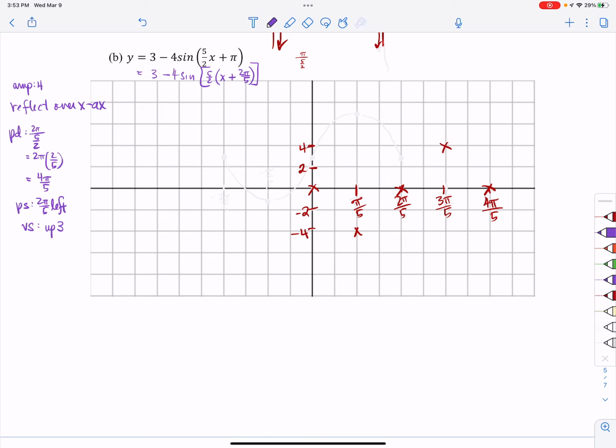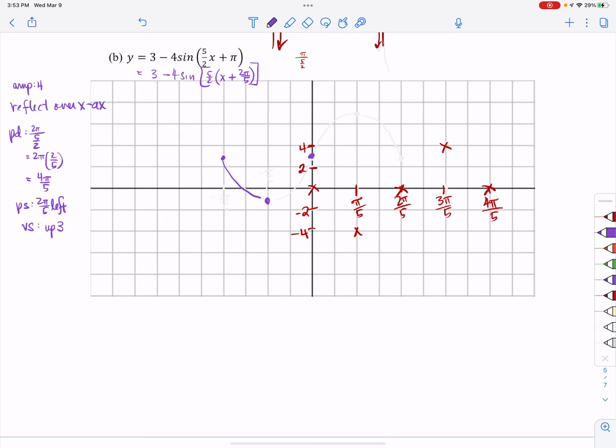All right, so let's take our first x-intercept. 4 blocks to the left, up 1 unit, 2 units, 3 units. So land right here. Then we'll take our minimum, 4 blocks left, up 1 unit, 2 units, 3 units. X-intercept, 4 blocks left, up 1 unit, 2 units, 3 units.